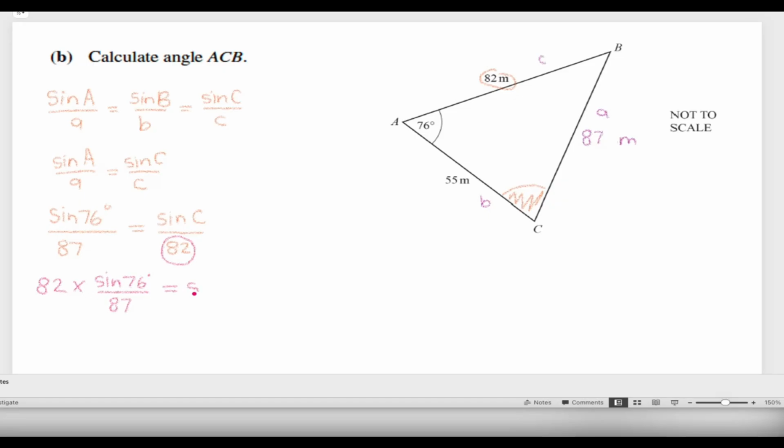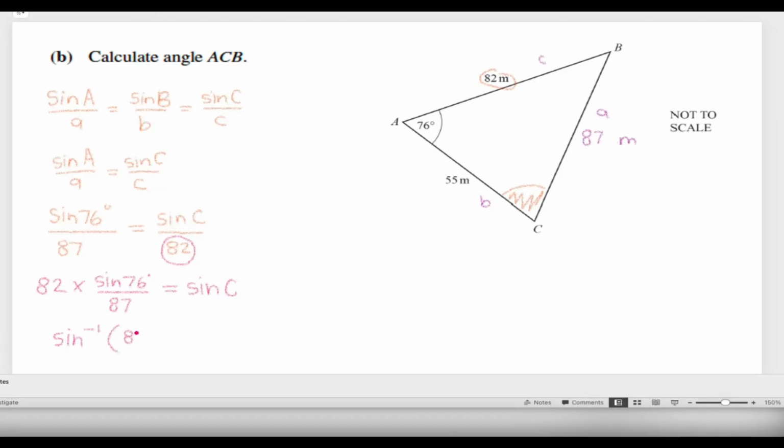Now, another thing that I want you to take note of is we don't want to know the value of the sine of C. We just want to know the value of angle C. So that means we need to get C alone. We need to get rid of the sine. So that means we are going to do the inverse. So it's going to be sine to the -1, and this is where you use the shift function on your calculator.